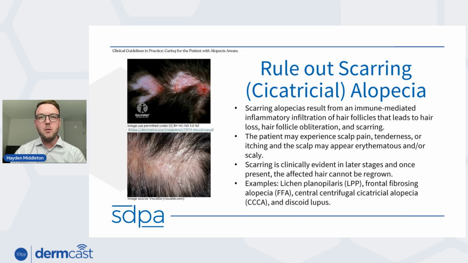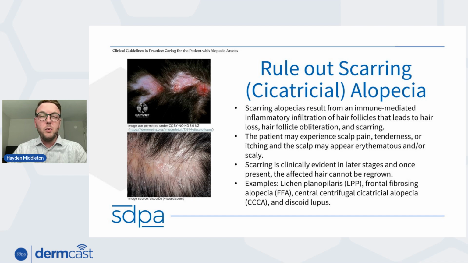So first and foremost, I don't think I can ever talk about hair loss without first talking about scarring alopecia. This is really important for you to rule out. It's similar to alopecia areata in that it is immune mediated, but this is an immune-mediated inflammatory infiltration of the hair follicles that leads to complete hair loss, obliteration, and scarring.